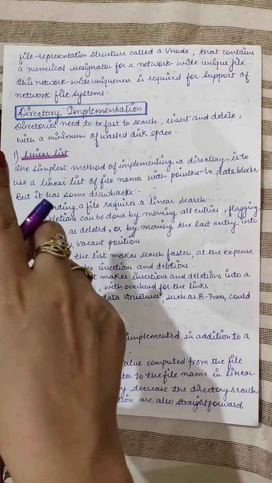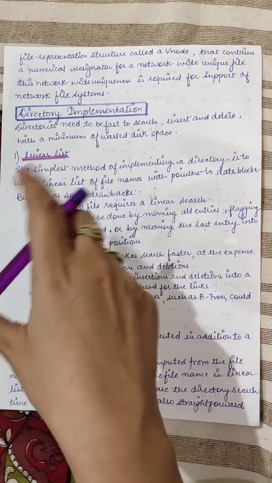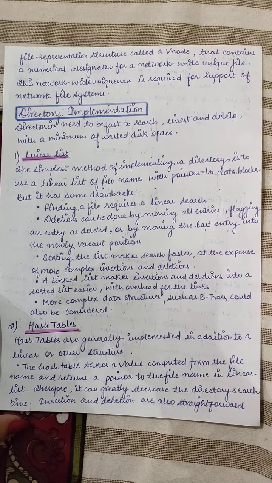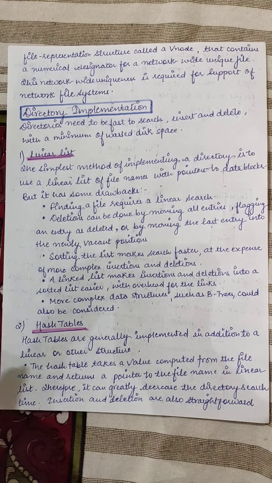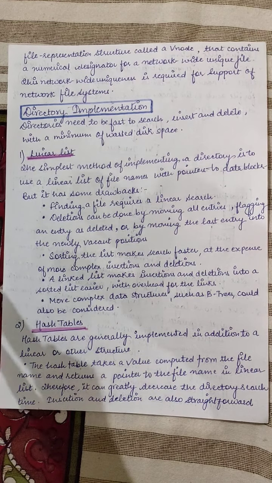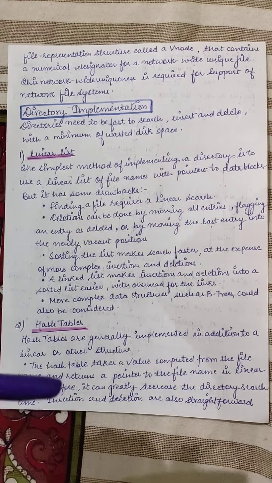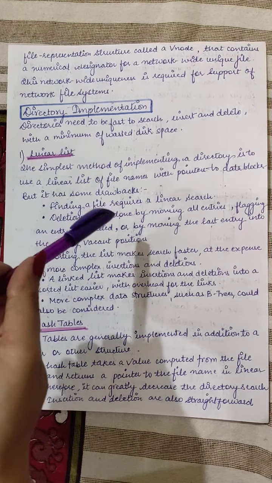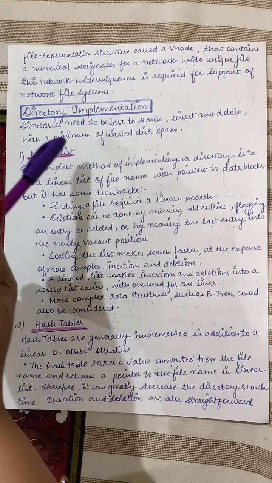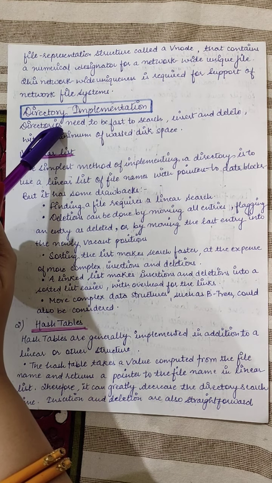Otherwise, you will compare the given file name with the second file name, and so on. So if you have 100 file names and you didn't get the file name till 99, you will be searching up to 100, right? And you didn't get the file name, so there is a wastage. So the linear search being performed is a drawback of the linear list approach to implementing the directory.